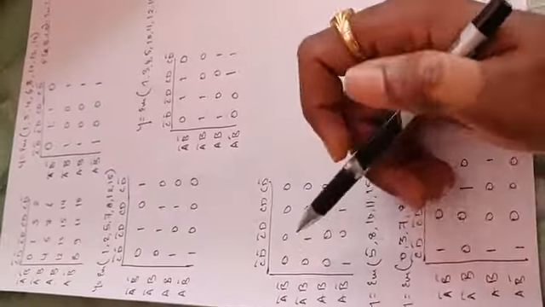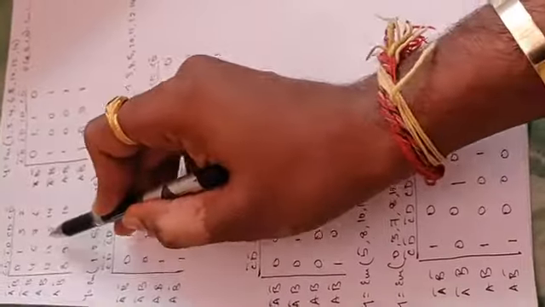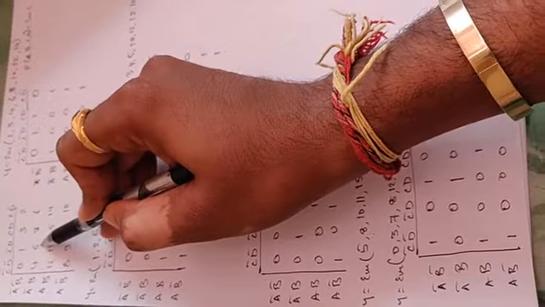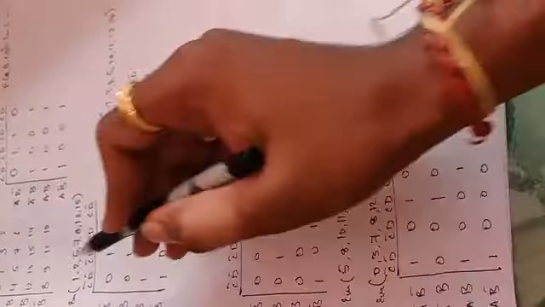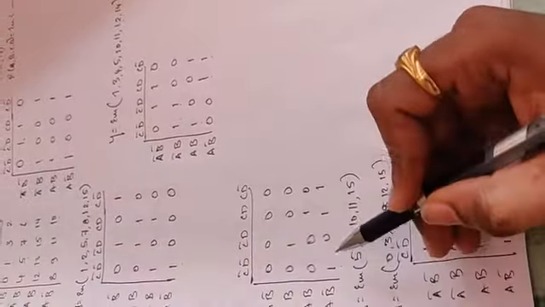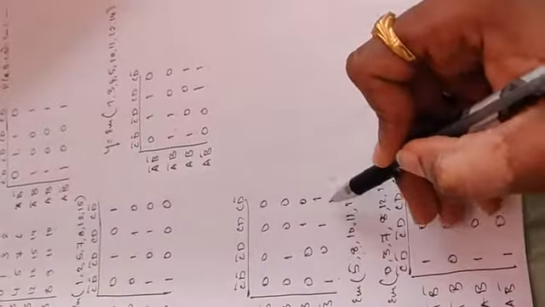Similarly, look at this 5, where is it? Look at the position of 5, second row, second column, so I have written it here. 8, here it is. 7. Then 10, where is 10?